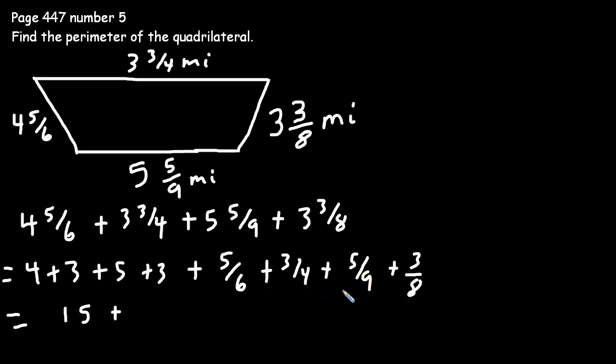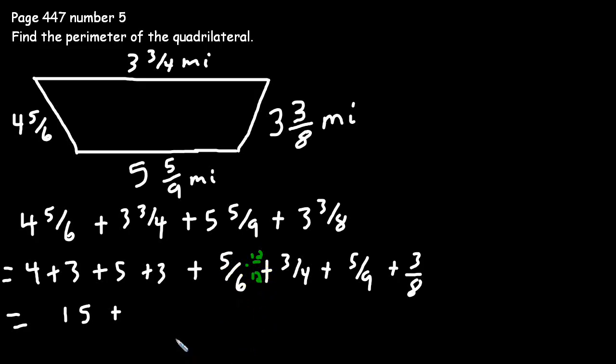So our common denominator is going to be 72. We're going to have to take each of these numbers and rewrite them with a denominator of 72. And so we have 5/6, and to rewrite it with a denominator of 72, we would have to multiply the numerator and denominator by 12.